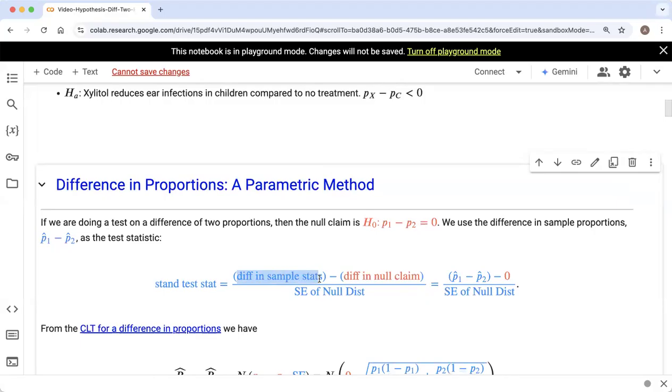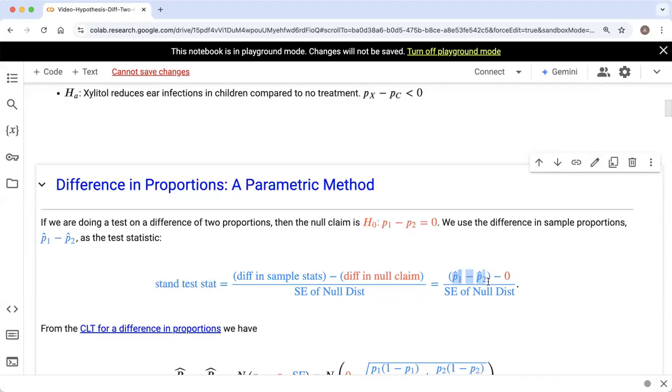In this case, that would be the difference in two sample proportions. We compare that to the difference in the null claim. In this case, our null claim is that there is no difference in these two proportions, so that P1 minus P2 is 0. The difference in our sample proportions is not going to be 0. So we're going to have some difference.